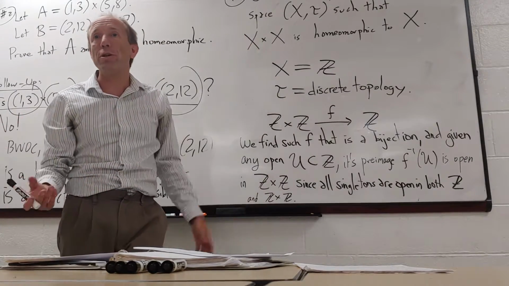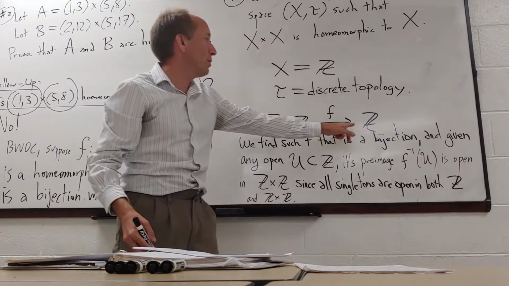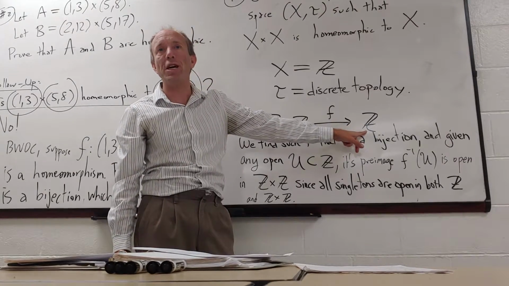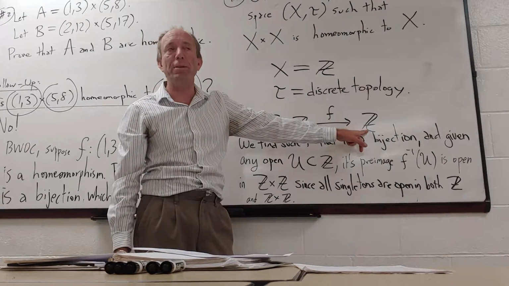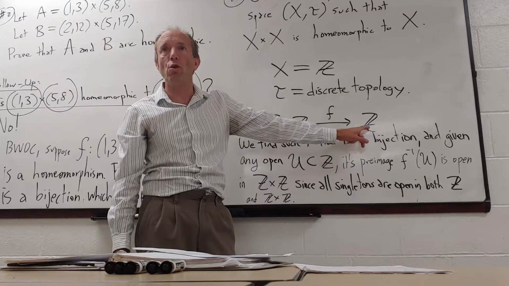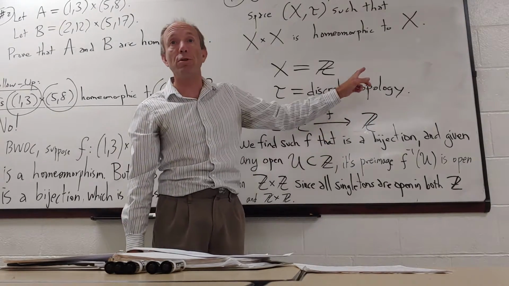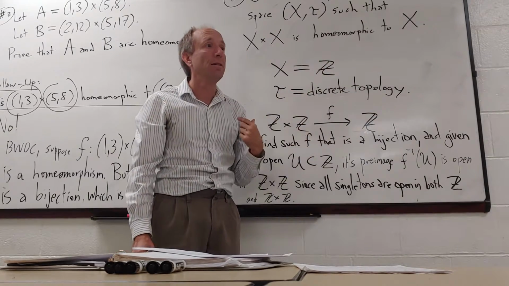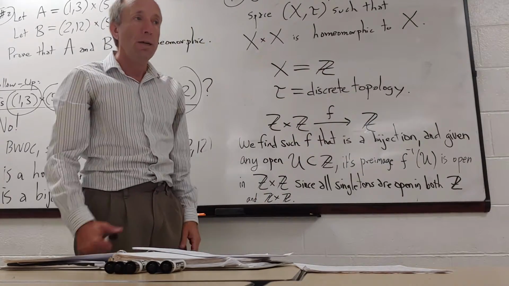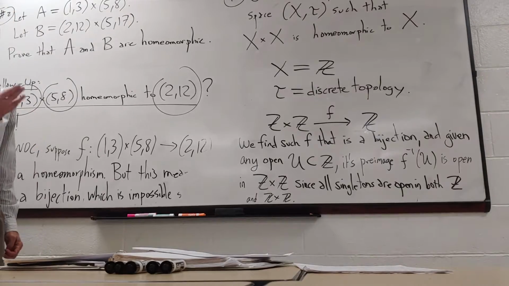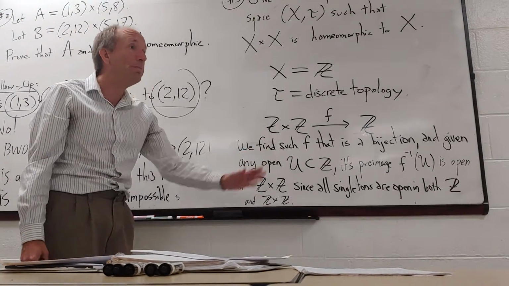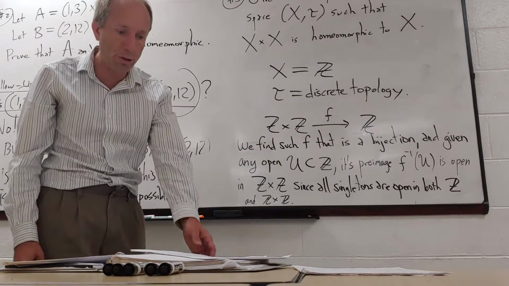If you put the trivial topology here, what do you have to check? The preimage of the empty set and the preimage of the whole thing. The preimage of the empty set is empty. The preimage of the whole space is the whole space, if it's a bijection. So that would actually have been slightly easier, but this works just great as well.